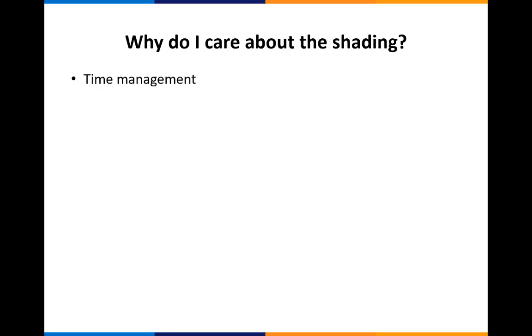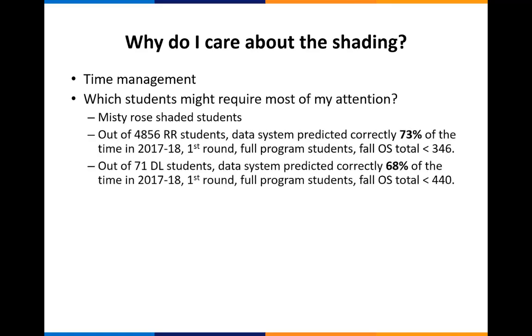You're a teacher leader, you're a busy person, and you only have so many hours in the day devoted to doing your tasks as a teacher leader. So if you had to think about which students you want to really keep tabs on, I think the student data summary can help do that. Which students might require most of my attention.